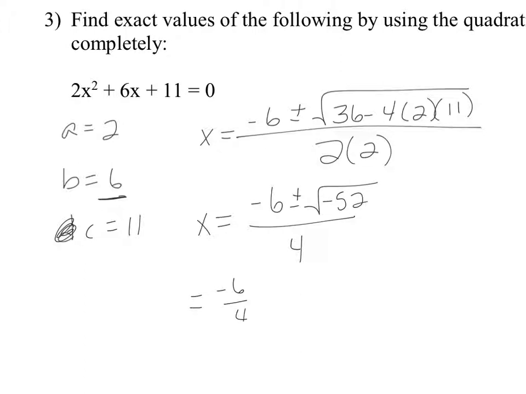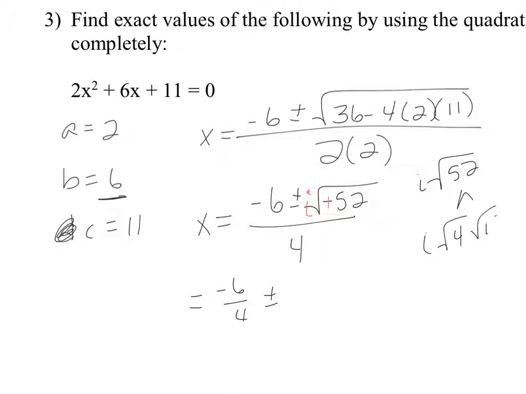Negative 6 over 4 plus or minus. Let's reduce radical 52. Remember, this is a negative under the radical, so it's an i on the outside. So i radical 52, break that up.